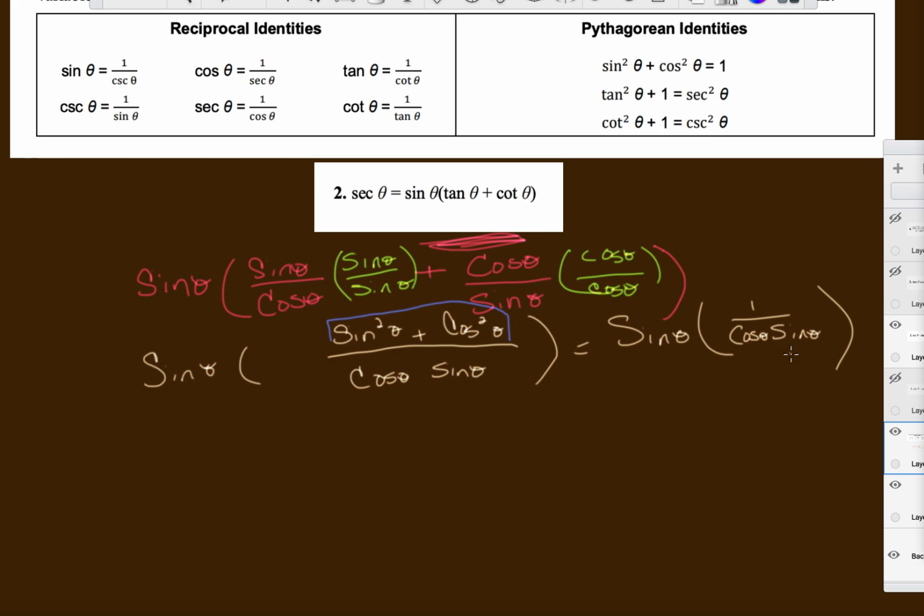And I'm a little bit late, but I'm going to finish this up so that I can make sure you guys have your answers. This sine will cancel with this. And what do I have left? I have 1 over cosine of theta. And that's equal to, hey, look at that, it's the reciprocal. It's secant theta. All right, so that's how you do it.